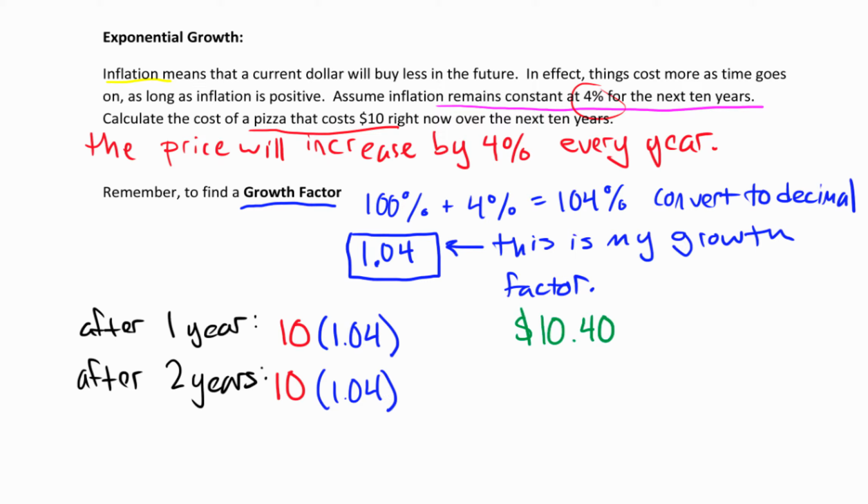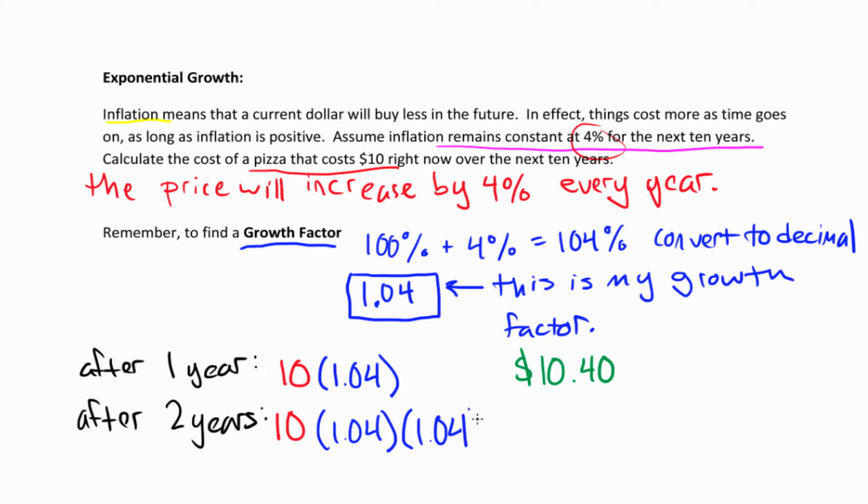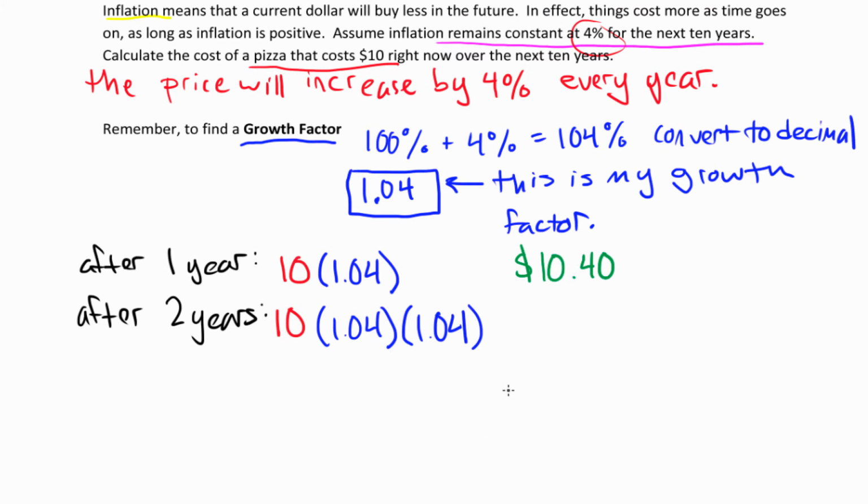And now, to figure out the next year, I'm going to do that again. I'm going to take that previous price and multiply that by that same growth factor. I know 10 times 1.04 was 10.40. If I multiply that by 1.04 again, I get 10.82 about.